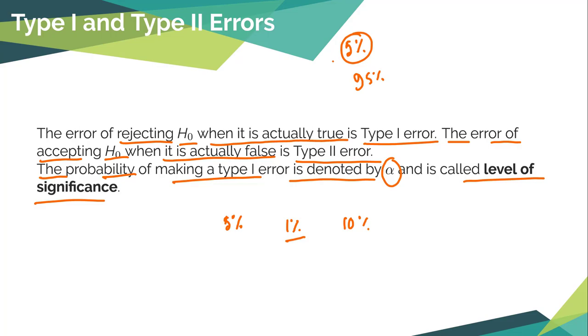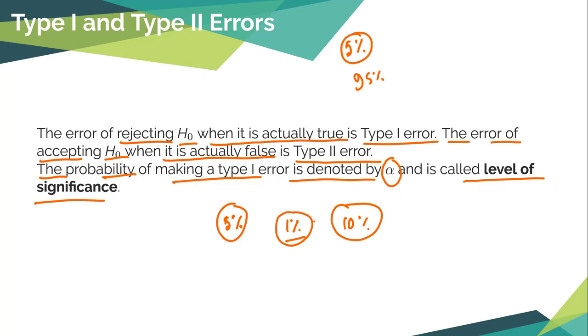That means 5 out of 100 times you will be rejecting something true. Similarly, 1% means 1 out of 100 times you will be committing type 1 error. The fewer times you commit type 1 error, the better for you. That's why the lower the value of level of significance, the more appropriate your test is.